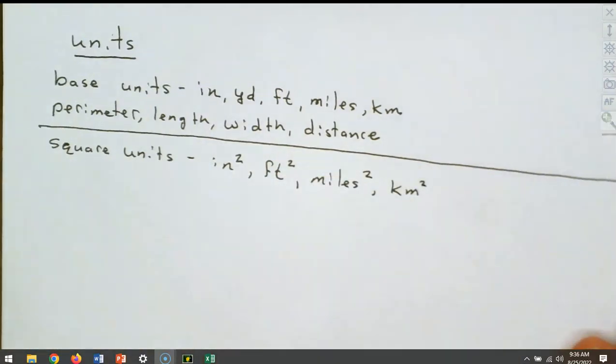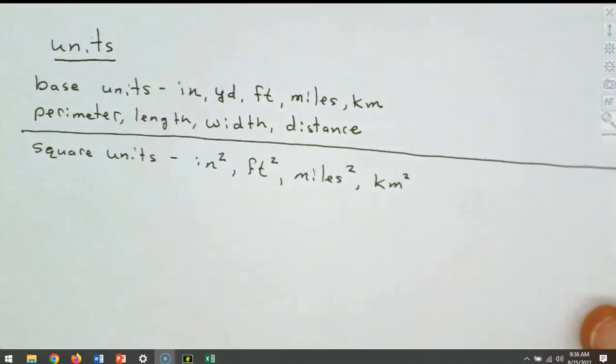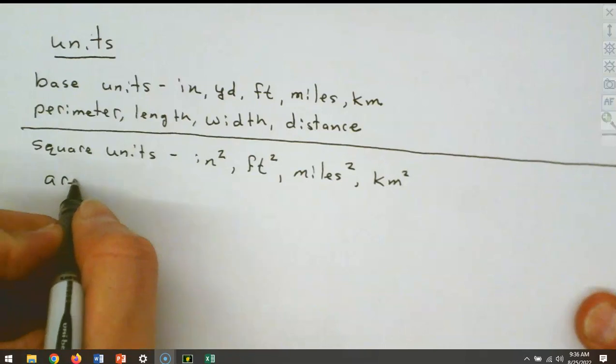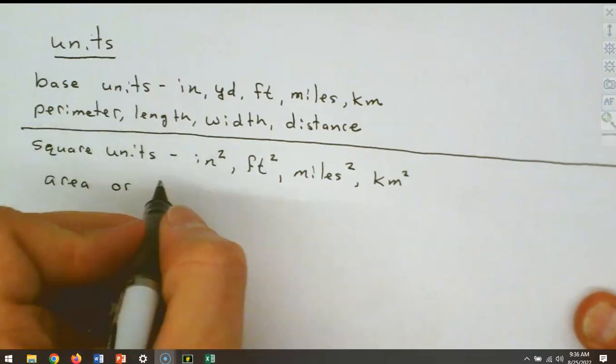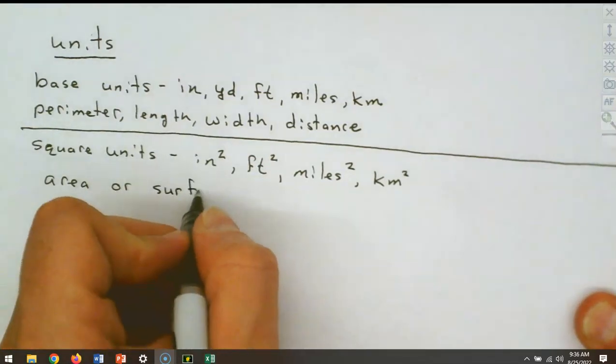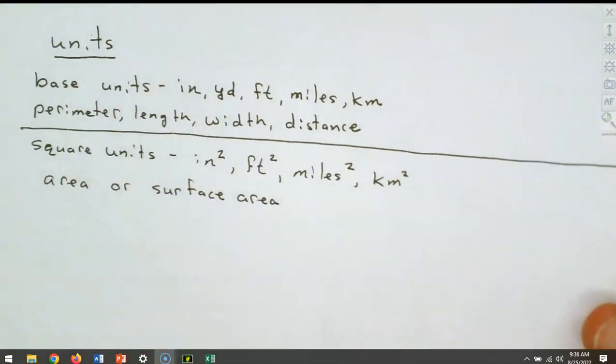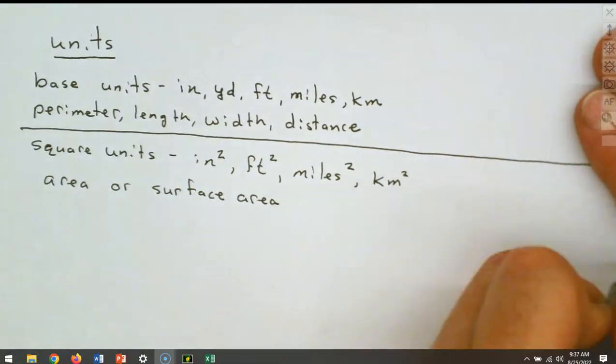And where do we use square units? Well, square units are going to be used in terms of area. So anytime we have an area or a surface area, whenever we have one of those, we're going to have to be labeling it with a square unit.